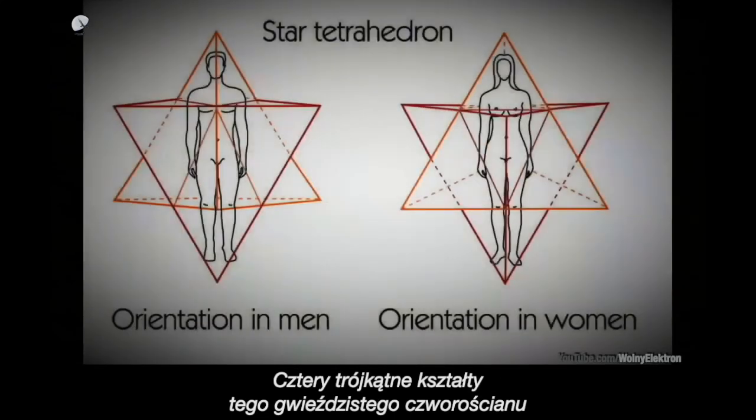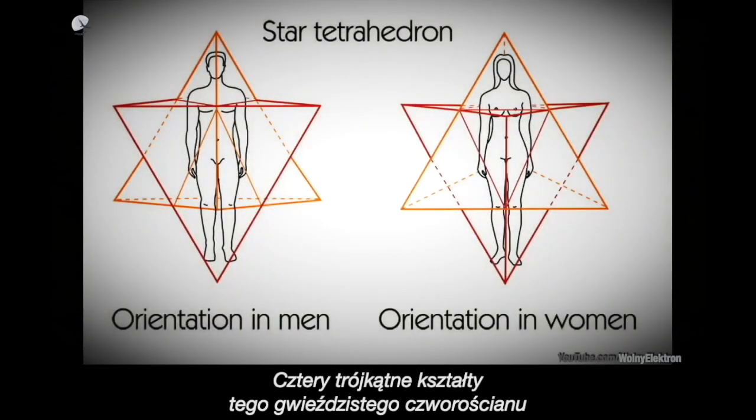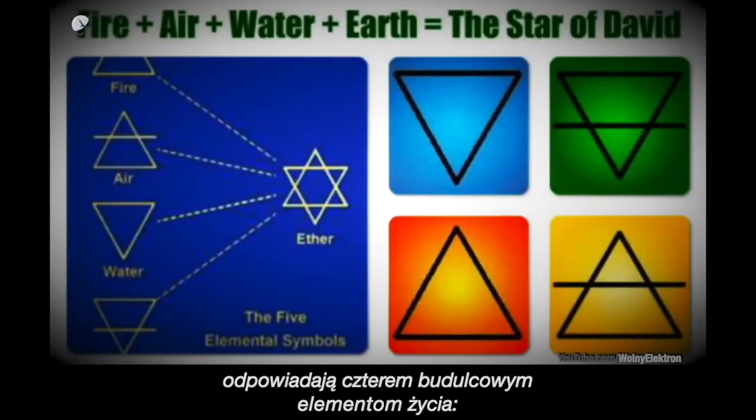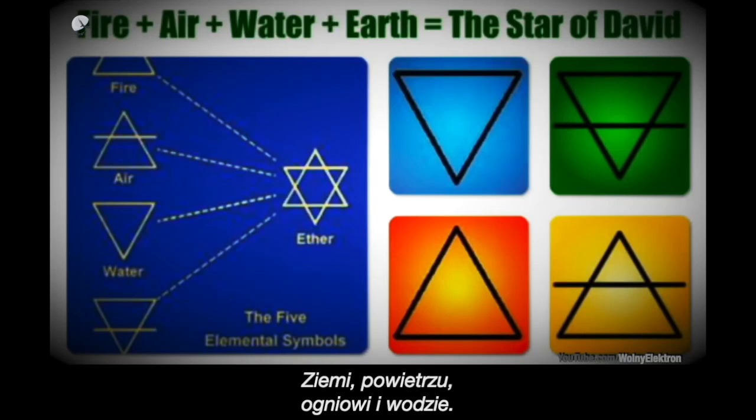The four triangular shapes of this star tetrahedron are also said to correspond with the four elemental building blocks of life: earth, air, fire, and water.